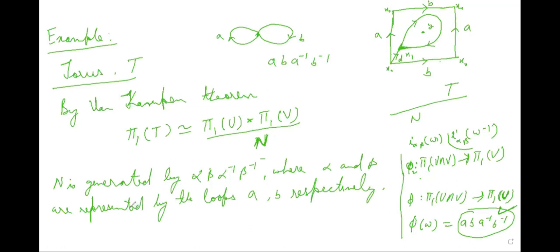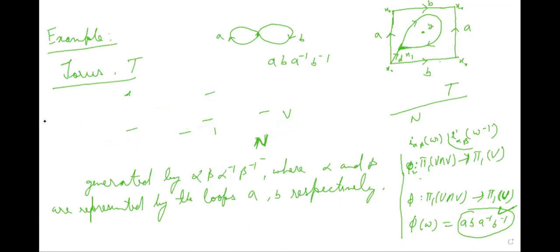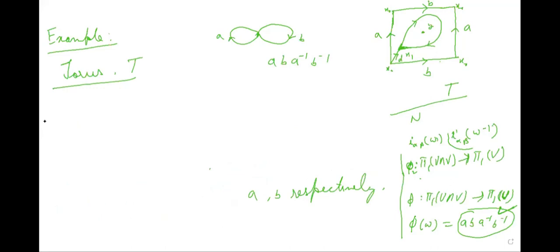Thus pi 1 T can be represented by generators and relations.